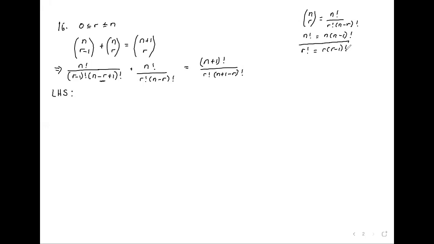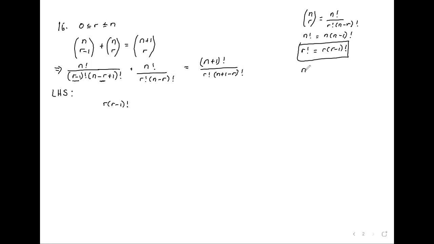This is to show us that the common denominator between r factorial and r minus 1 factorial is r factorial, which can be written in the form r times r minus 1 factorial. And then between n minus r and n minus r plus 1, which one there is a common denominator?